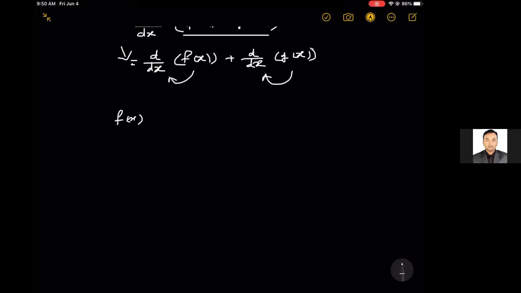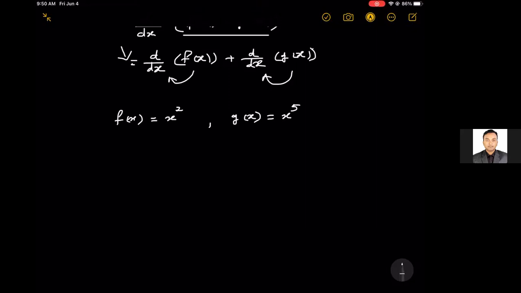Okay, no worries. So let's say our first function is x squared, and our second function is, let's say, x to the 5th. Okay, and we're trying to find the derivative of these two functions.